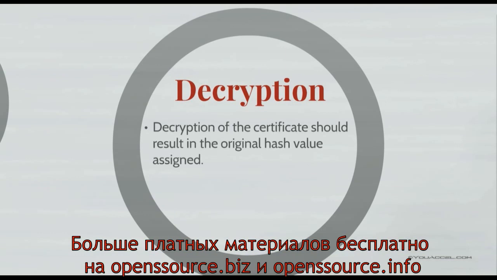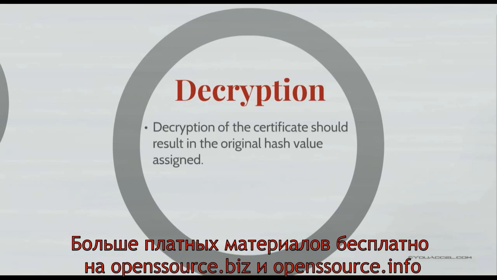To check a certificate, the digital signature is put through a mathematical function using the public key. The result of this decryption sequence should be the original hash value. If so, the certificate is deemed to be authentic and unaltered.